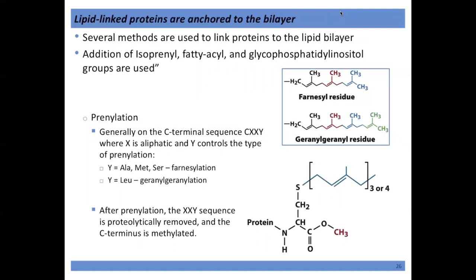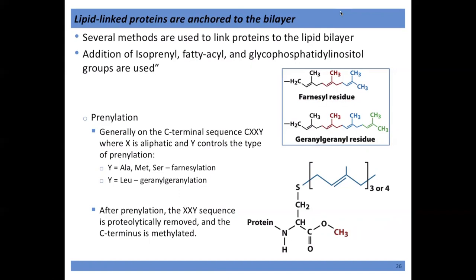So you can do some prenylation where you're actually adding these prenyl groups, and there's two types that we'll talk about: the farnesyl residue and the geranyl residue right here. And the type of residue that you attach to the protein depends on the sequence.